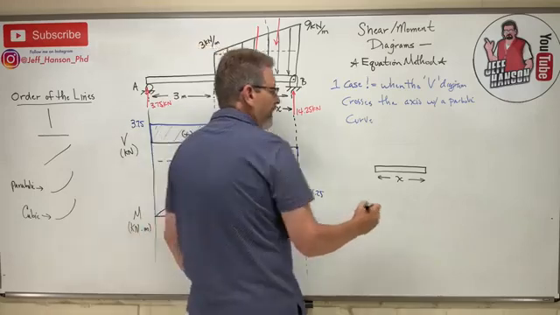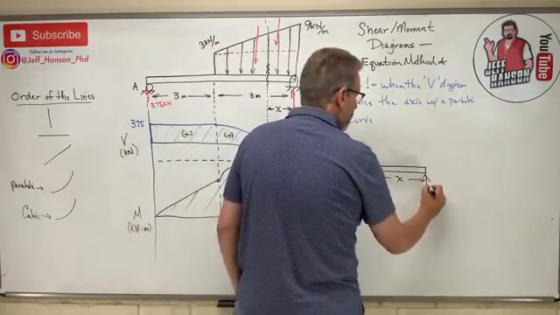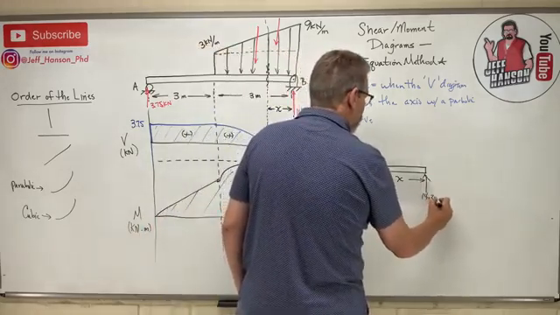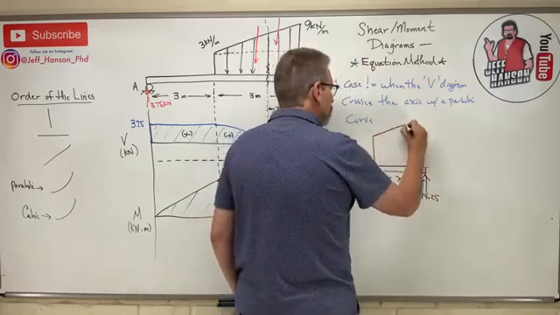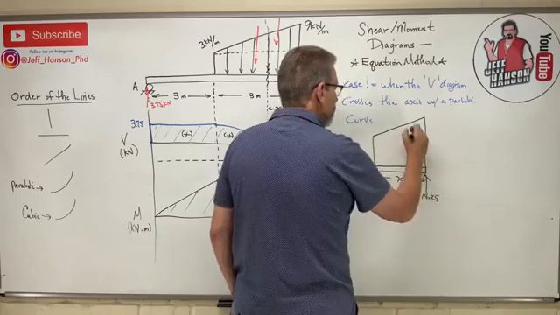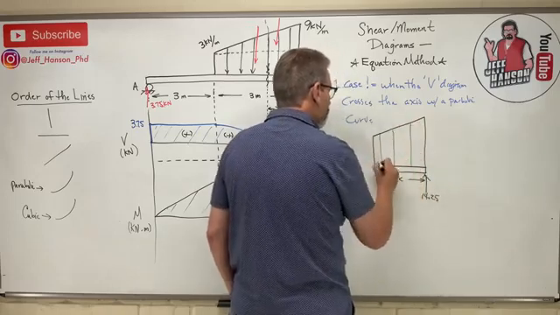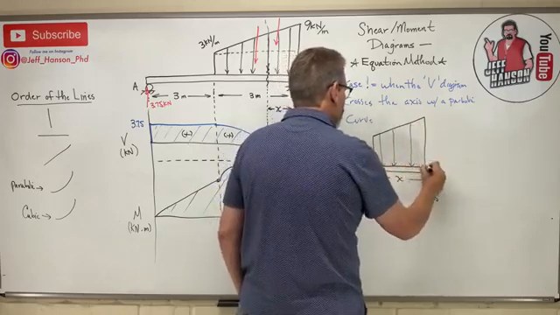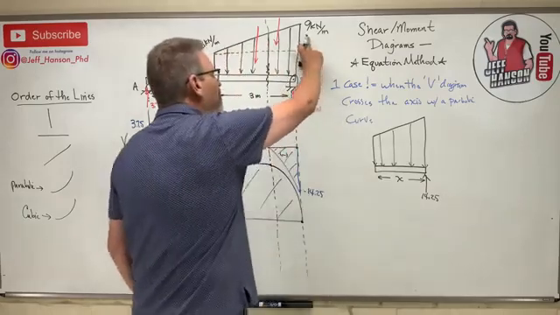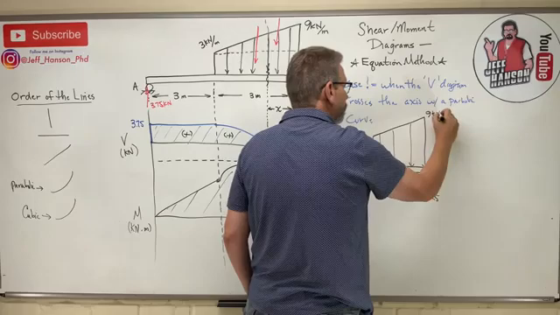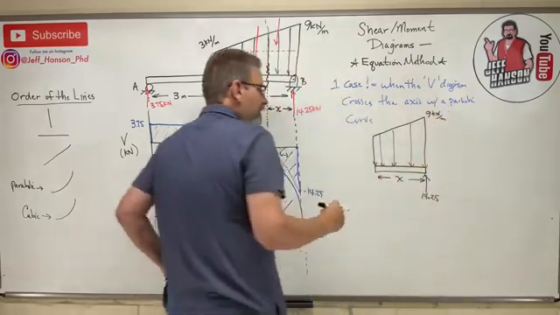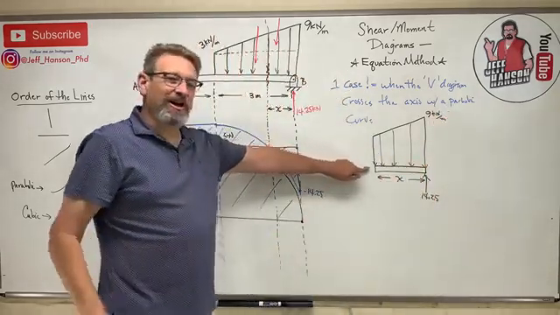And what do I have going on here? I have 14.25. I have a distributed load that looks like this. I know that the load on this side over here is 9 kilonewtons per meter, so I know that. 9 kilonewtons per meter. And then what happens when you cut a beam?